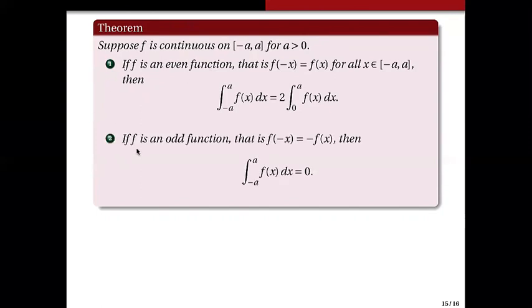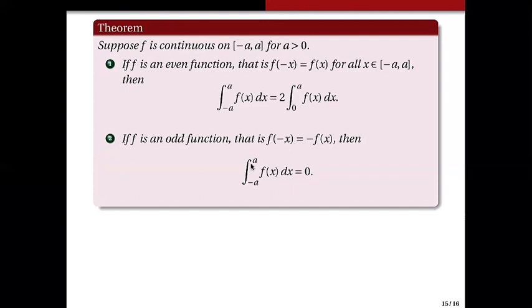On the other hand, if f is an odd function, meaning f of negative x equals negative f of x, then if you integrate f of x dx from negative a to a, you'll always get 0. This function is symmetric with respect to the origin.